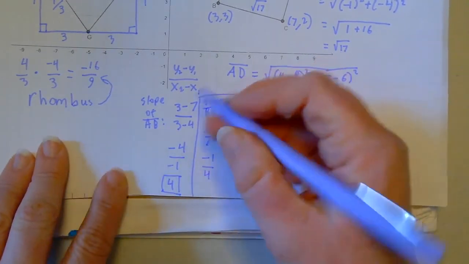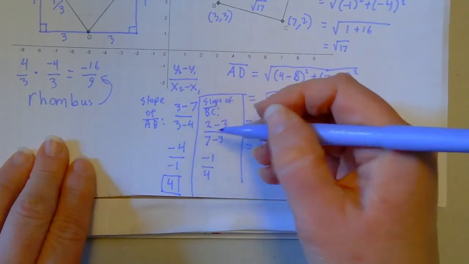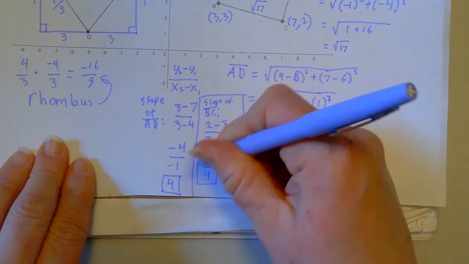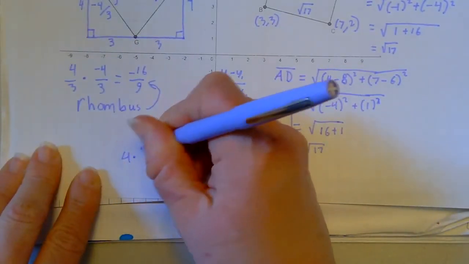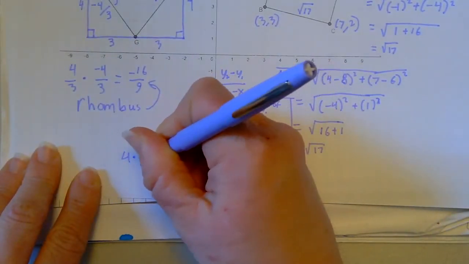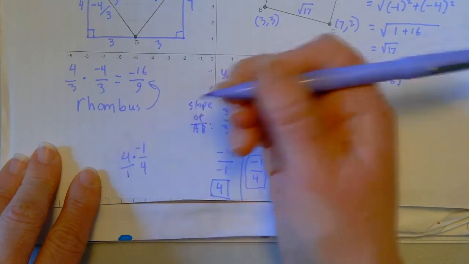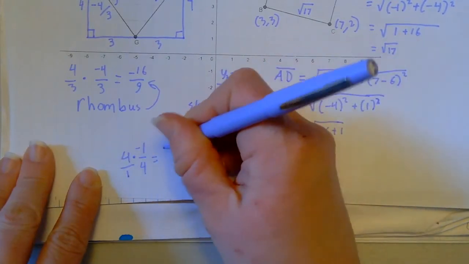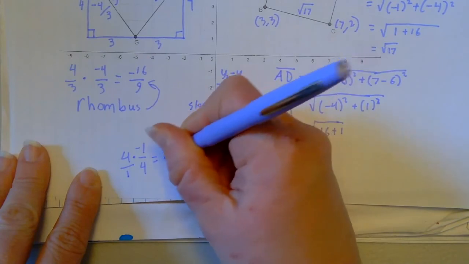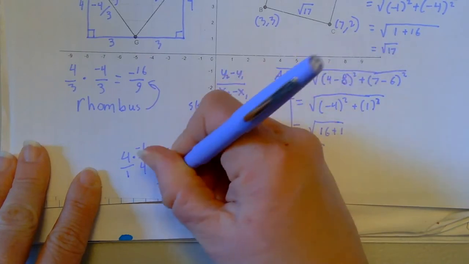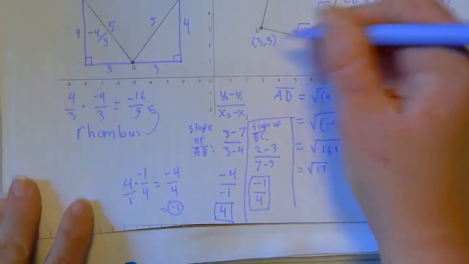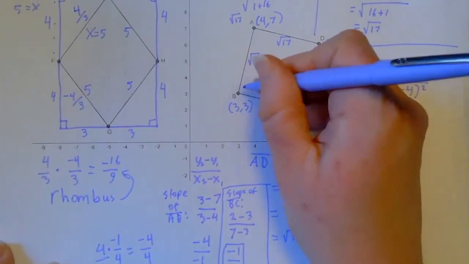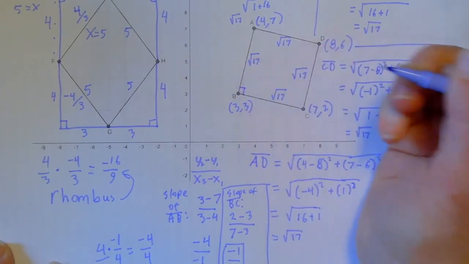So if I want to test if those are reciprocal slopes, I would multiply 4 times negative 1/4. Well, 4 is the same as 4 over 1. So I'd get negative 4 over 4, and that is negative 1. So this is a right angle.